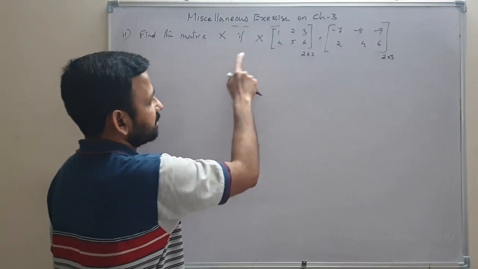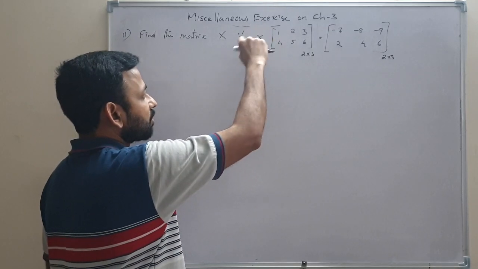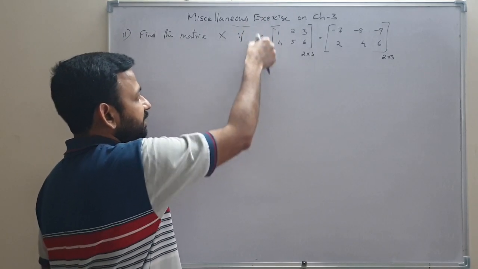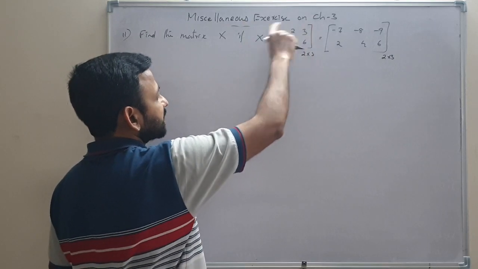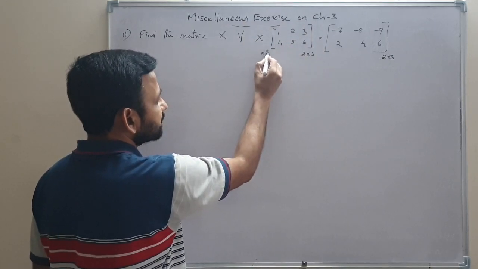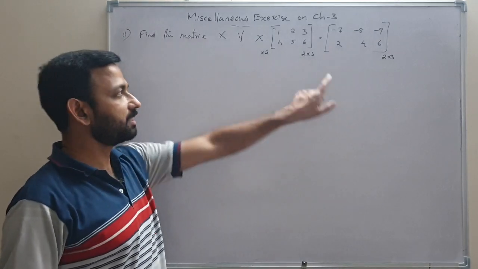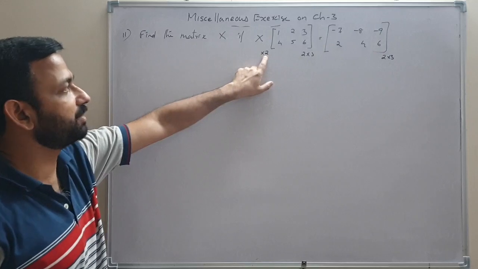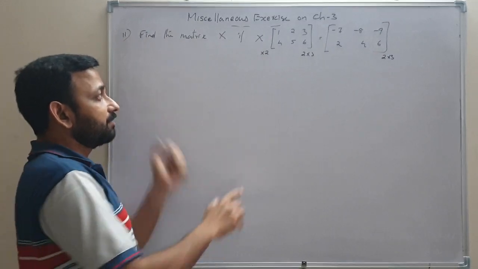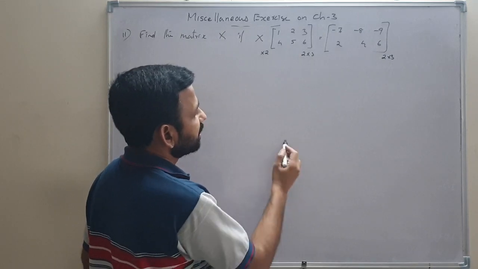So we need to find the order of the first matrix. The second number of its order will be same as the number of rows of the second matrix. If it is 2 here, then this will be 2. Now we need to find the number of rows of the first matrix.